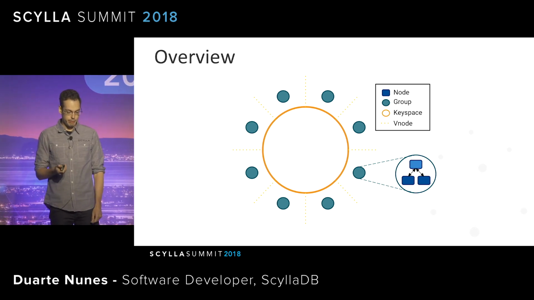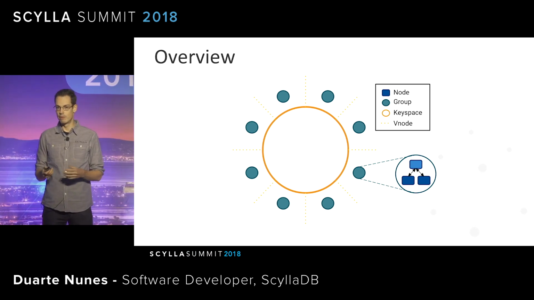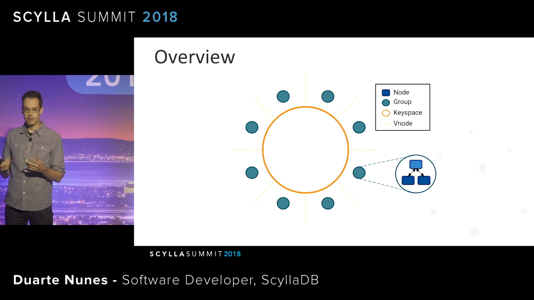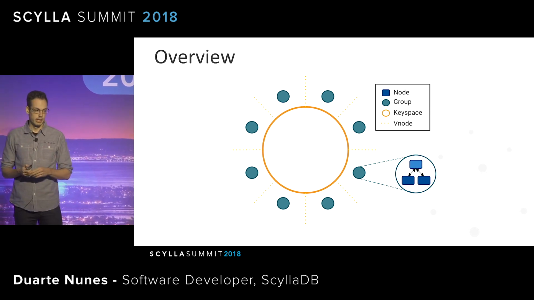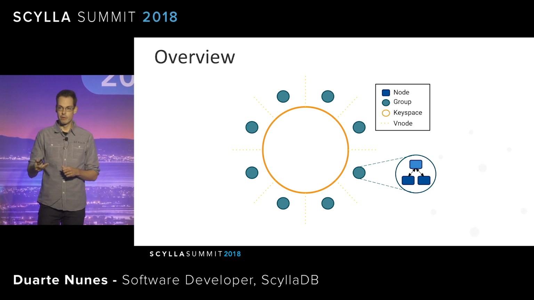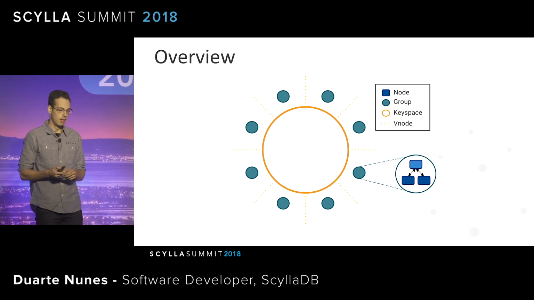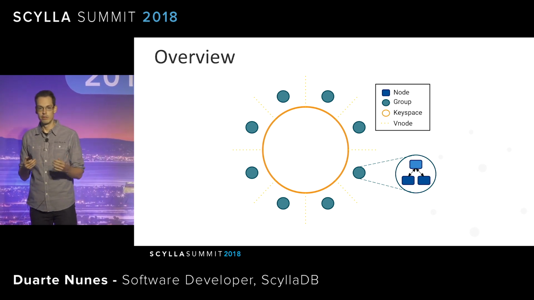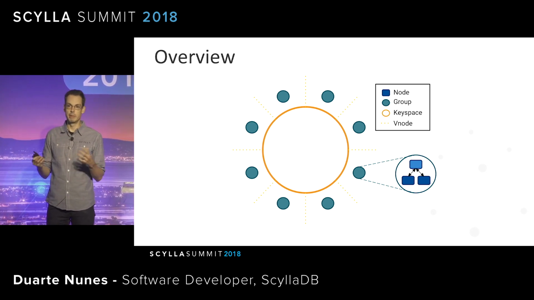Since we don't want to have a single leader for the whole cluster, we take advantage of the fact that the cluster is already divided into token ranges. So what we'll do is we'll have a Raft group per token range. This means that requests for disjoint token ranges can proceed independently.